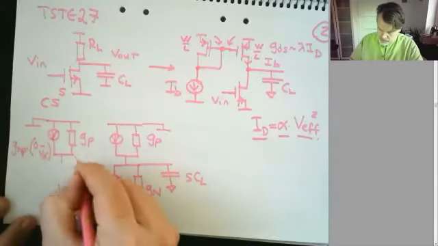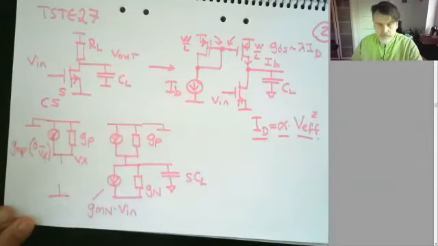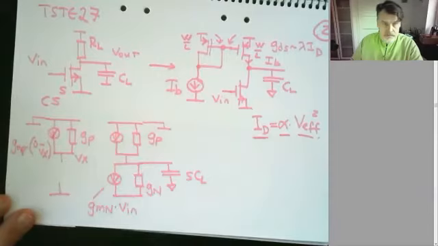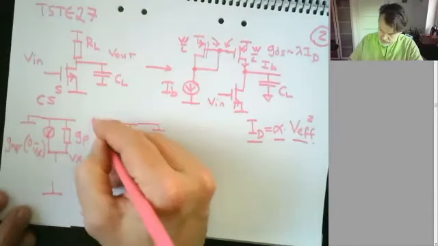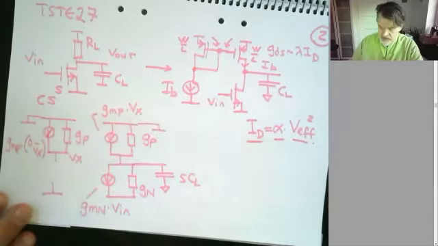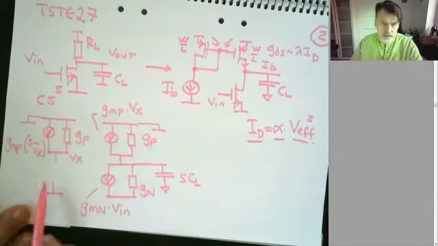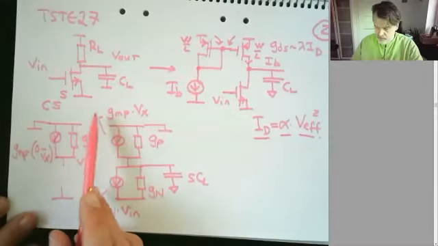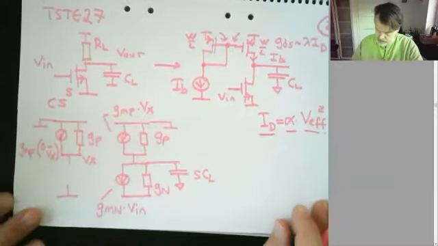And this current source is GMP times Vx. I'm assuming the same transistor sizes, so they have the same GMP also.